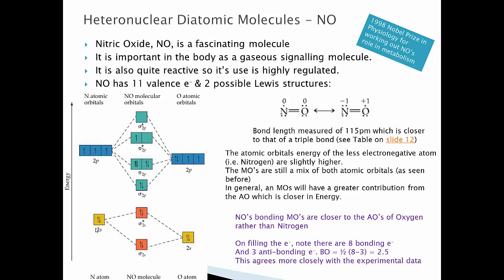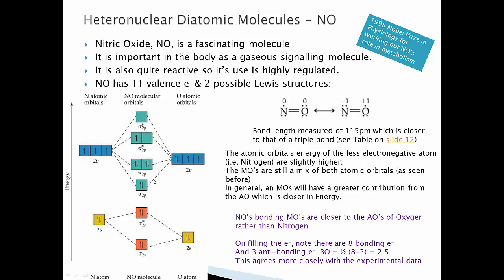The one that's closer in energy out of nitrogen and oxygen is actually the oxygen. So the bonding orbitals are closer to the oxygen than the nitrogen.